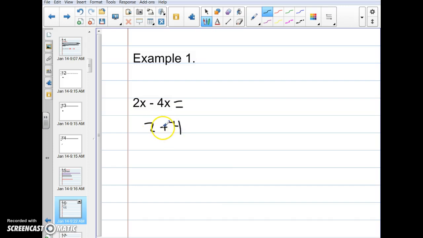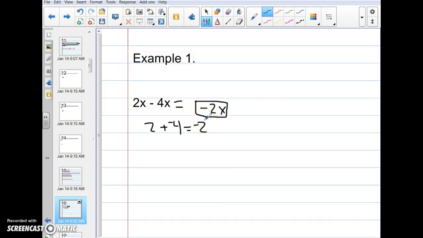This stays the same, this changes, this changes. Now, I have a positive and a negative, which means I have to subtract. So I have to subtract and I get 2. Now, of which one is there more of? Well, there's more of these, the negatives, so our answer is going to be negative. So my answer for this problem is going to be -2x.